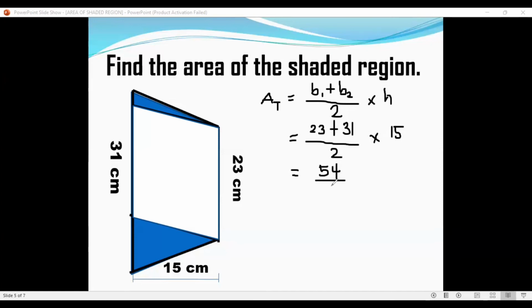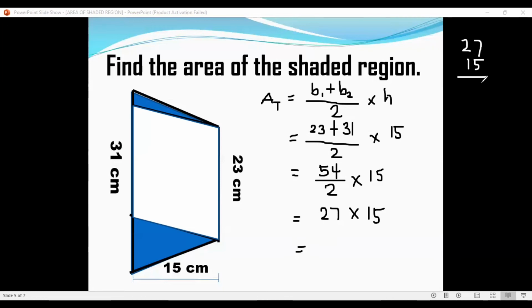And that will be over 2 times 15. So 54 divided by 2 is equivalent to 27. So we have 27, and then multiply that by 15.